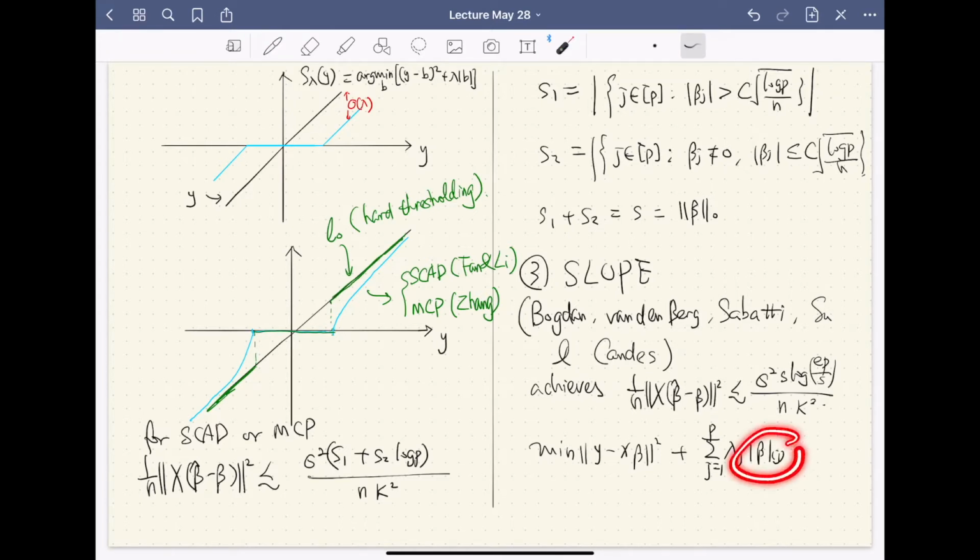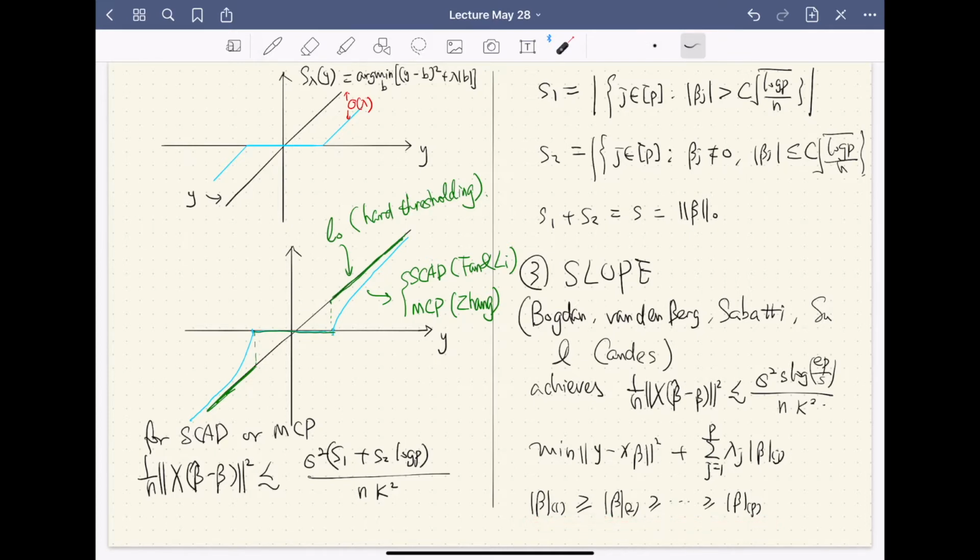Okay, so this notation means you order the absolute value of the vector beta according to its magnitude. So you want to order the absolute value of each coefficient from the largest to the smallest. And then the idea is you give different weights to coefficients with different magnitude.